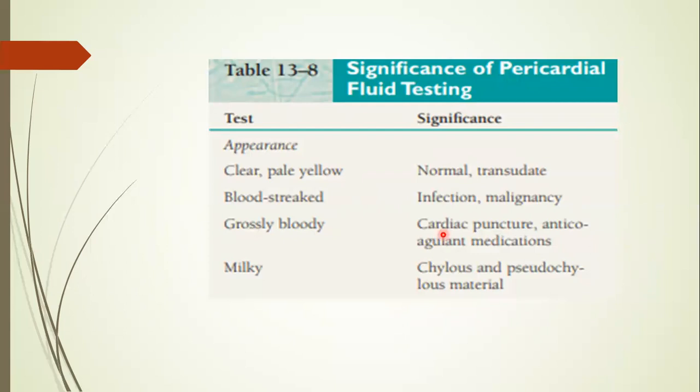So you may have hit the heart, or any structure from the heart, or when the patient is taking an anticoagulant, there is a high risk for bleeding. That's why the serous fluid may look bloody and have a blood streak. Pericardial serous fluid may be indicative of infection or malignancy.